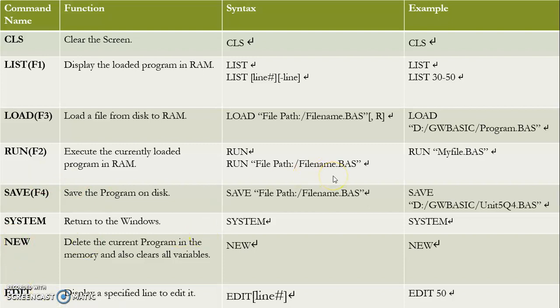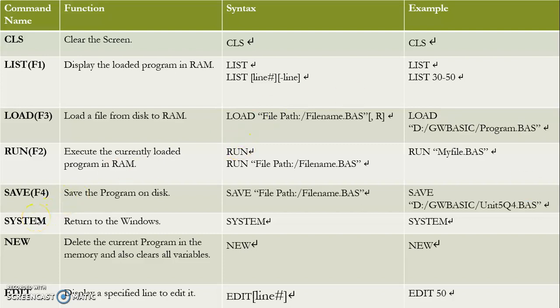After following the syntax of the command save, we can save the file like this: type the save command, within double quotation give the file path and file name with the extension, within double quotation, then press the enter key. In this way we can save the files.